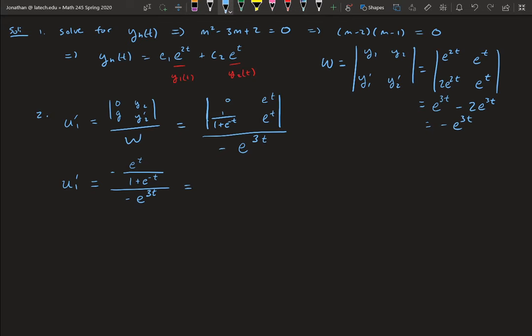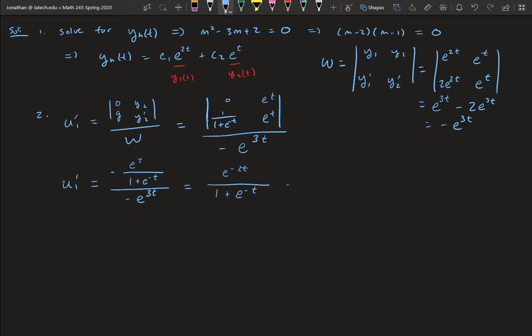So this is going to be, let's see, I can move it up and say e to the negative 2t over 1 plus e to the negative t. Let's do a little algebra there. Is that where I want to be? I think so.